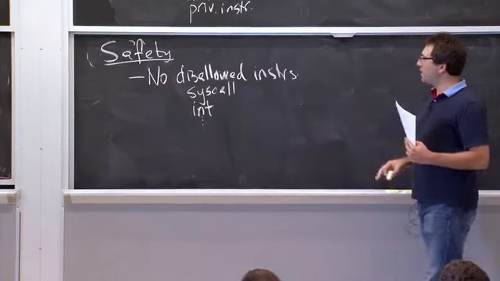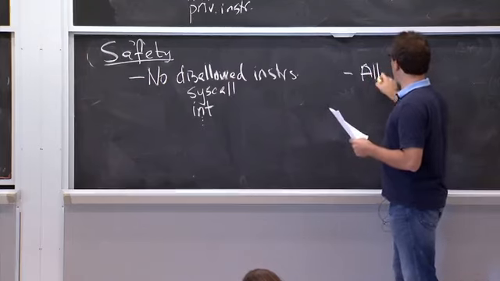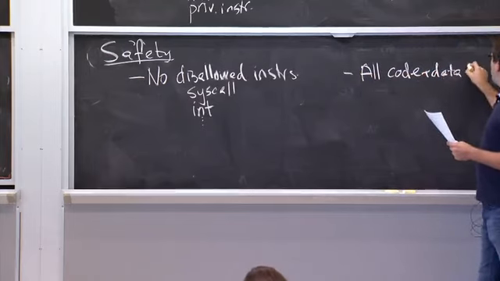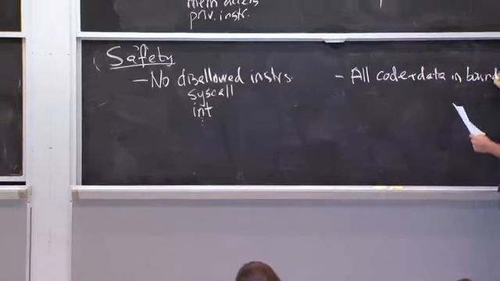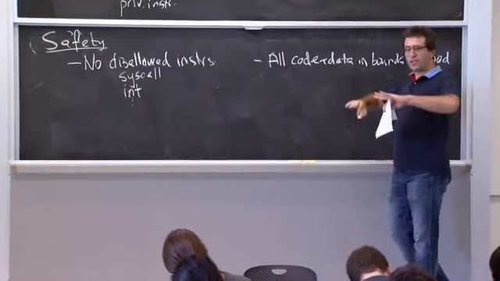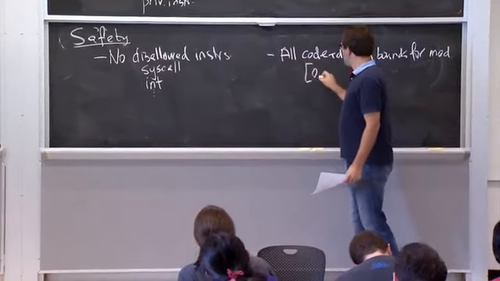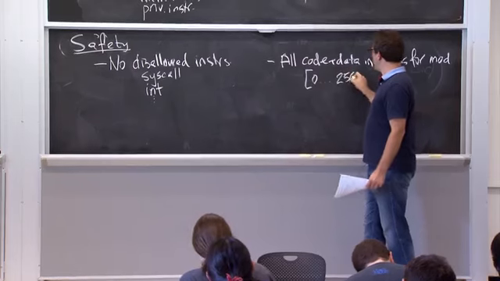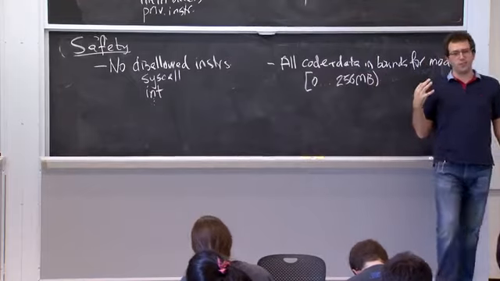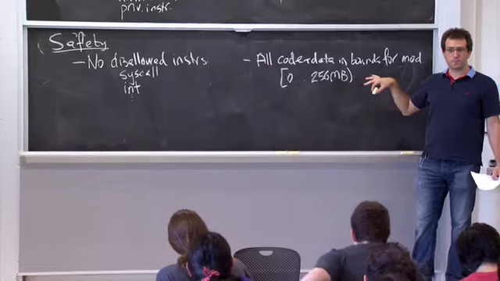In addition to this no-disallowed-instructions rule, they also want to make sure that all code and data accesses are in bounds for the module. What this means is that they dedicate a particular part of the program's address space, specifically from 0 up to 256 megs in the process. Everything that this untrusted module does has to refer to locations within this chunk of memory.